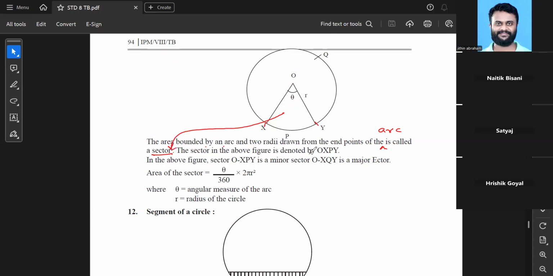The sector in the given figure is denoted by OXPY. So basically arc दिखाने के लिए 3 letters तो है ही, center दिखाने के लिए एक और letter, कुल मिलाकर 4 letters होने चाहिए.